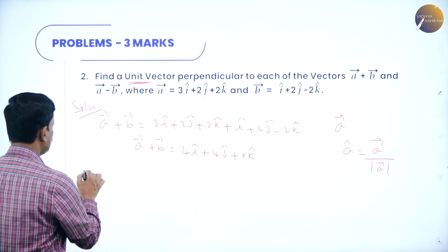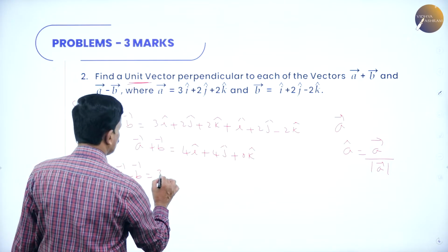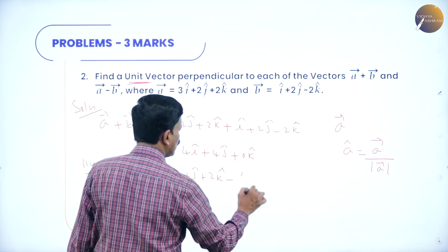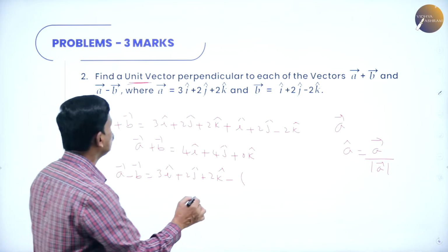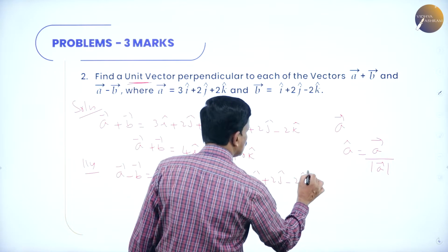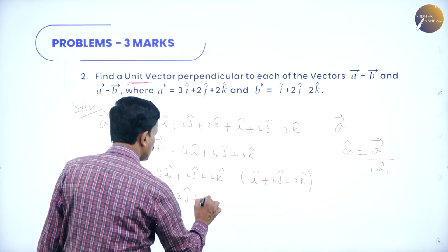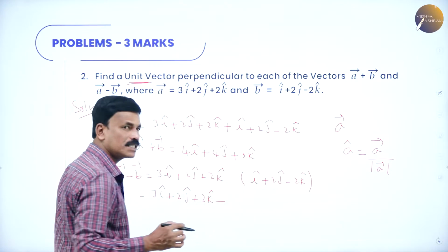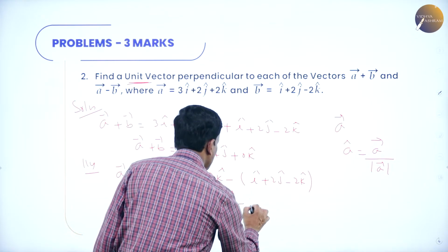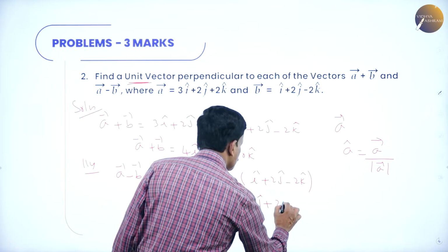Now, similarly, find out the a minus b vector. Vector a minus b: a is equal to 3i plus 2j cap plus 2k cap, minus vector b. What is vector b? i cap plus 2j cap minus 2k cap. This is equal to 3i plus 2j plus 2k cap, minus, multiply by the negative sign: minus i cap minus 2j cap, minus into minus plus 2k cap.